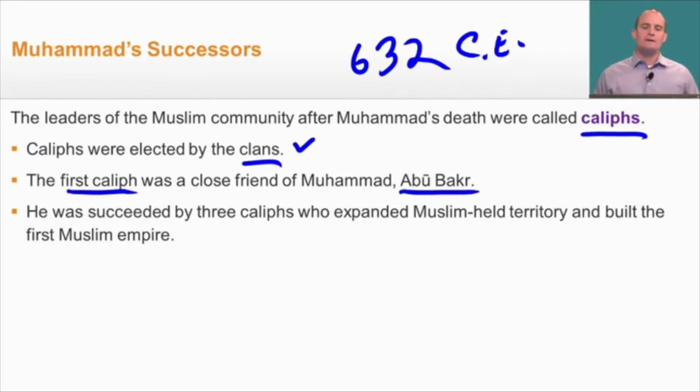Now, an interesting thing about Abu is the fact that many scholars believe that he may actually have been Muhammad's father-in-law, so almost a direct descendant, a direct relative of Muhammad. Now, he was succeeded by three caliphs who expanded the Muslim-held territory and built the first Muslim empire.